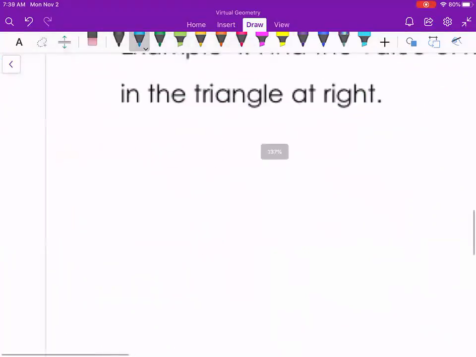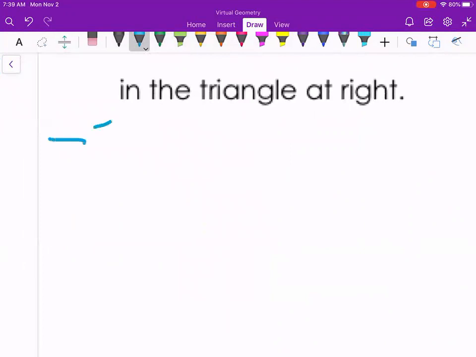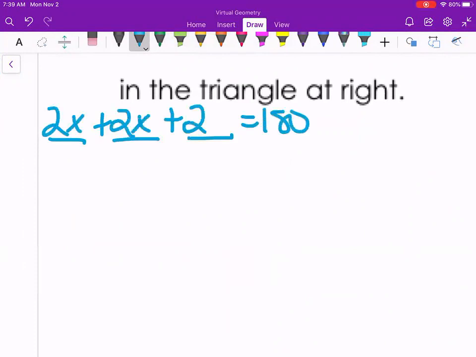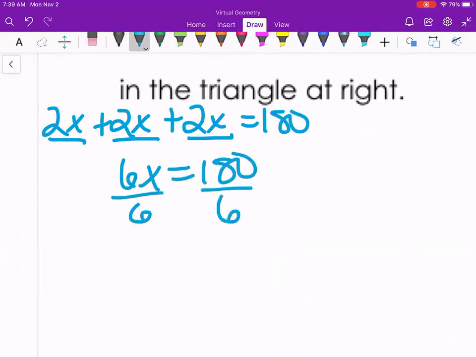So the rule says to solve for the angles in a triangle, add all three of them up to make 180. And if each one of them is 2x, so I have 6x is equal to 180. Divide by 6. And x is 30.